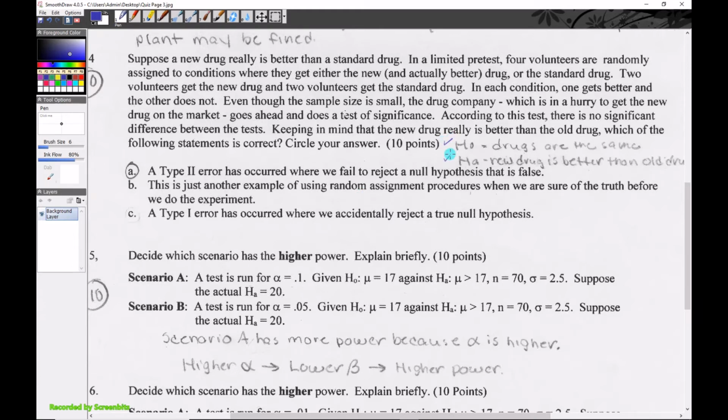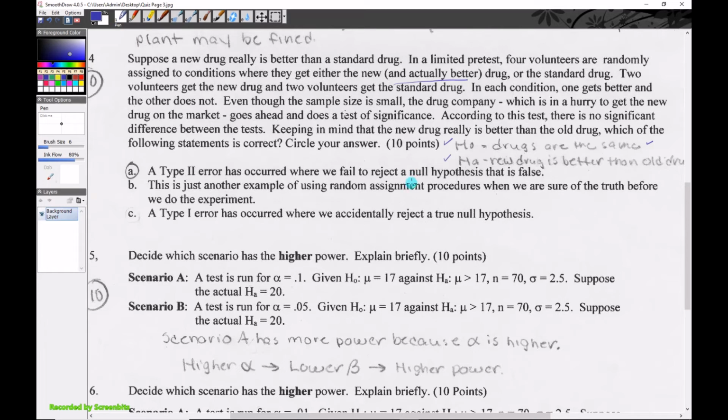Well, H0 is just a statement that there's no effect, there's no difference, there's nothing out of the ordinary, there's nothing that should be different from what I'm told, and so here, since you're comparing 2 drugs, the 2 drugs are the same, right? And HA is that the new drug is different, because they kept saying that the new one is better, and they said it somewhere else in here. I'm not going to take up your time while I try to find it, but they really emphasize that.